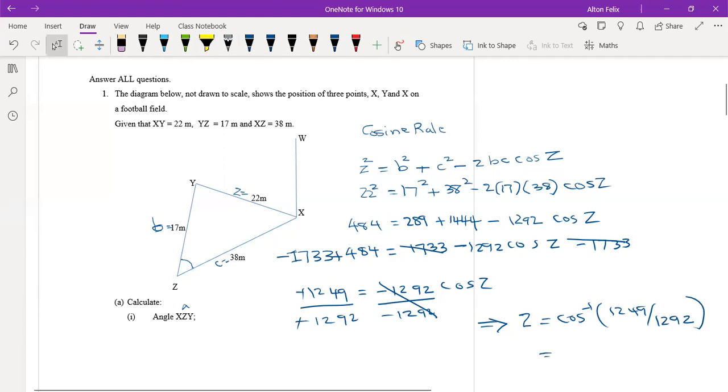So we're bringing up our scientific calculator. Let's do our division and work it out. So we want to get its cosine. Okay, let's work out the first division in brackets. So it's 1249 divided by 1292.